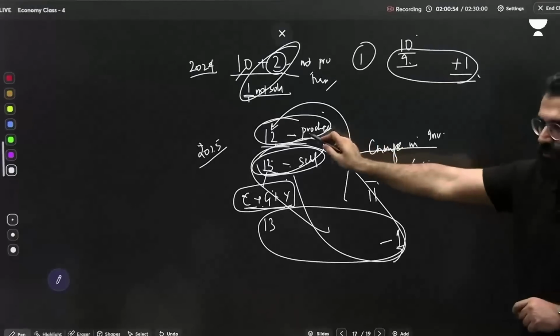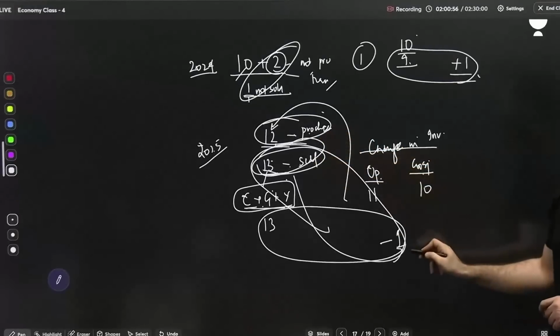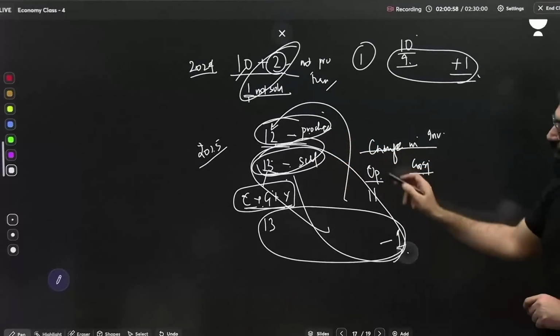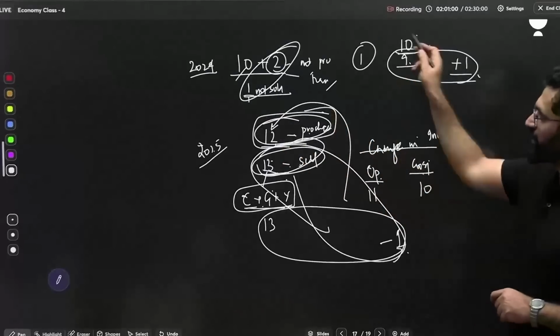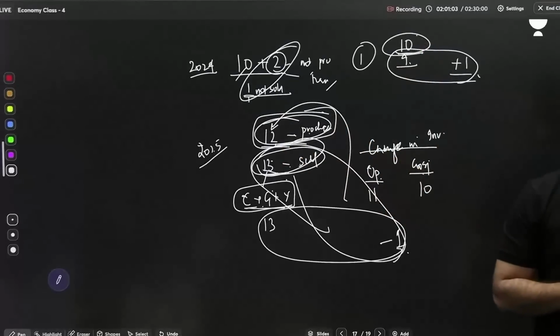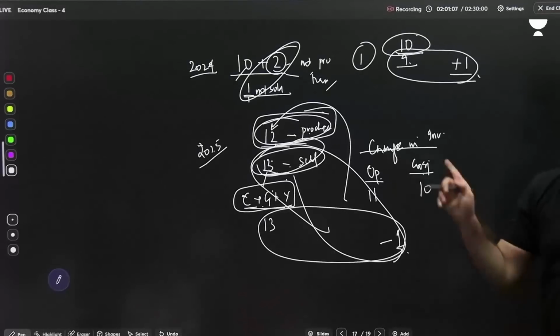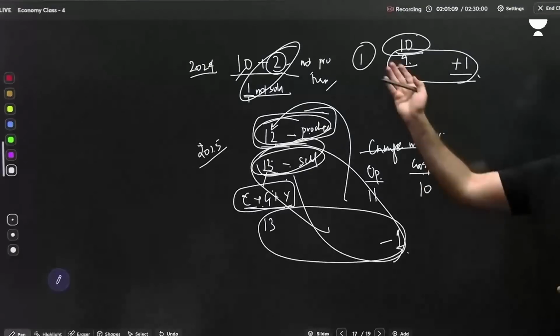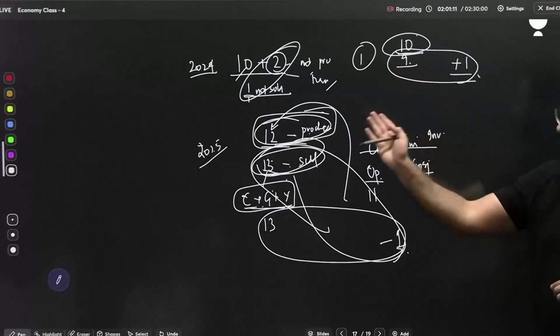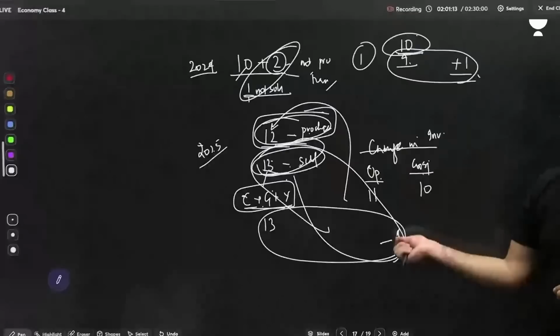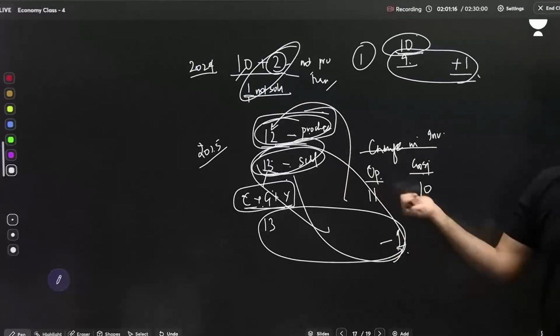But when I produced 12 and sold 13, change in inventory became minus 1, so I have always counted what exactly has been produced. Is this making sense? I will always count what has been produced because change in inventory will balance it. अगर बना है नहीं बिका +1, बनने से ज्यादा बेच दिया तो always be adjusted.